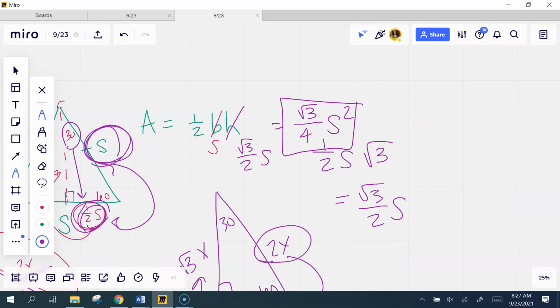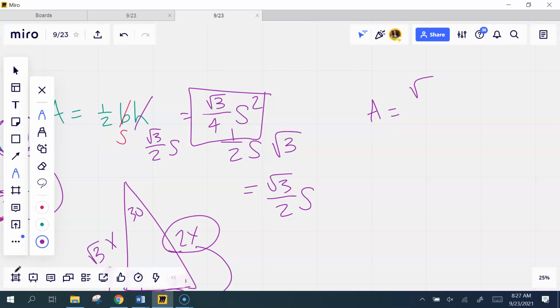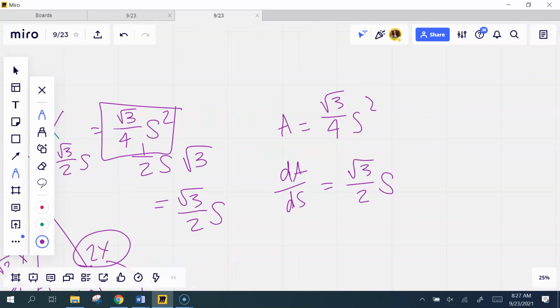So if the area is root 3 over 4 S squared, then dA/dS is 2 times that, which would be the square root of 3 over 2 S. 2 divided by 4 is 1/2. It's 2 square root of 3 over 4, but I can simplify 2 over 4.